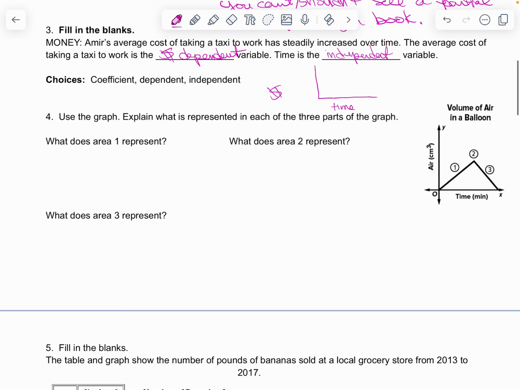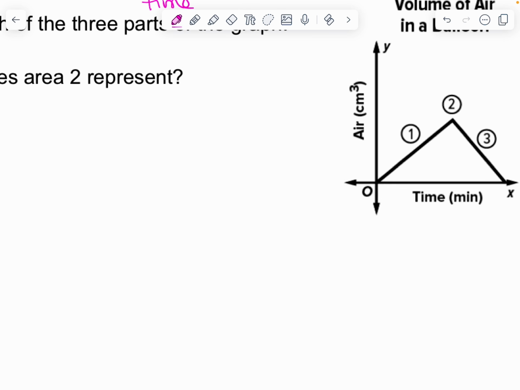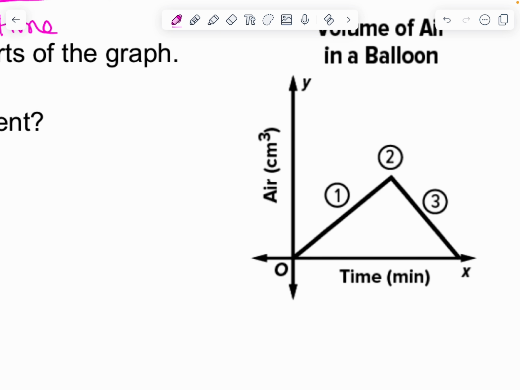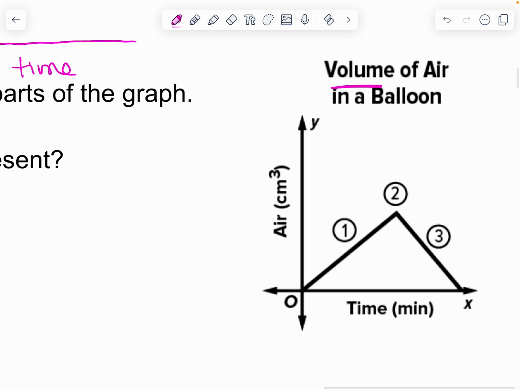Okay, so we're going to use the graph for this part. Area 1. Okay, so we know area 1 is increasing, but what's it increasing in? Let's look at it. So we're talking about the volume of air in a balloon.